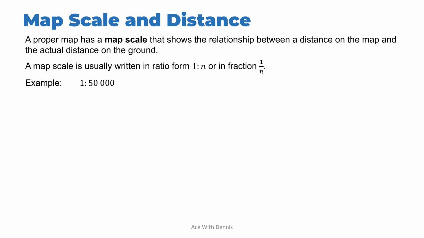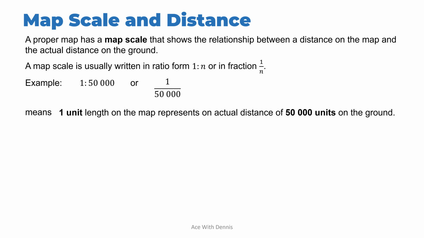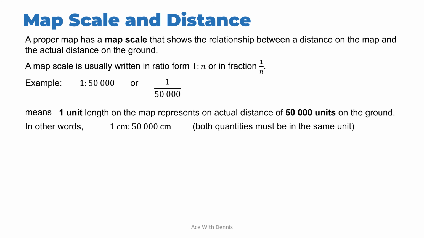For example, 1 to 50,000 or 1 over 50,000, which means 1 unit length on the map represents an actual distance of 50,000 units on the ground. In other words, 1 centimeter is to 50,000 centimeters. Both quantities must be in the same unit.